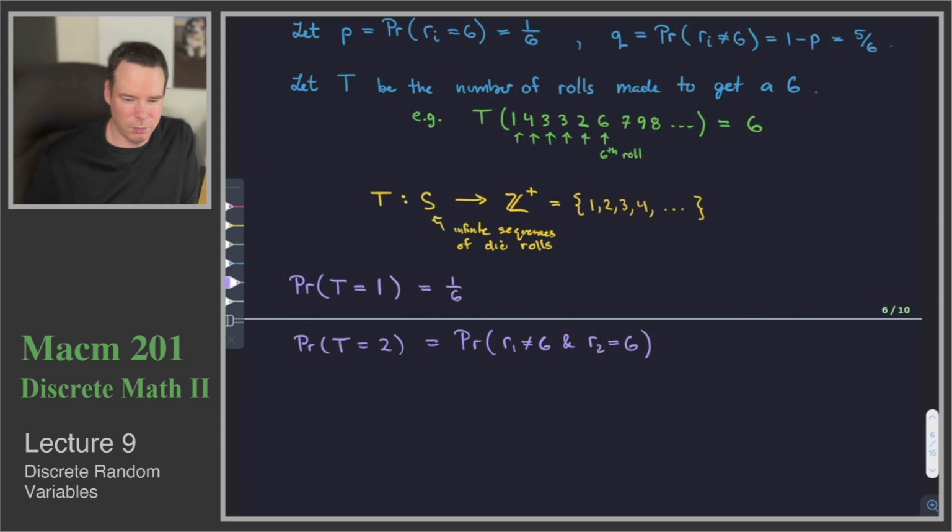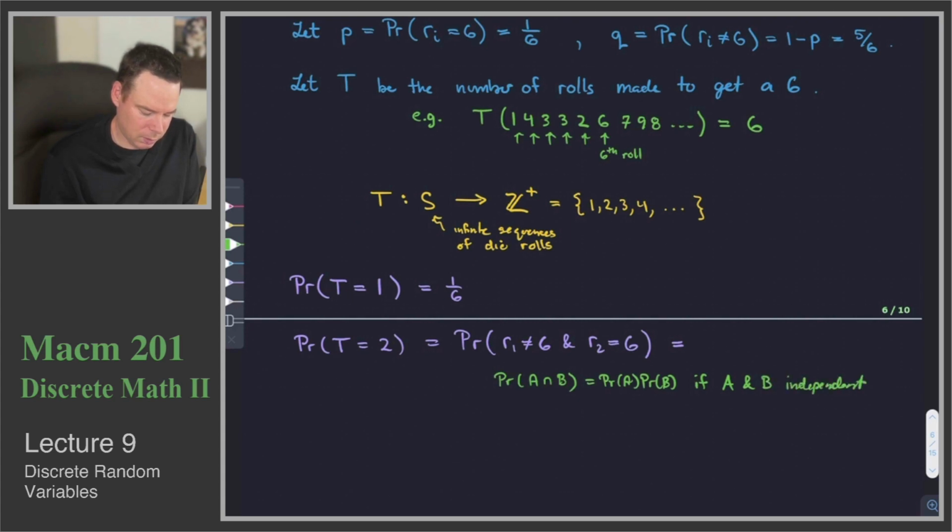So we want the value on the first roll of the die to be not 6, and the value on the second one to be 6. Now this is an AND. We'll make a note here: we are really looking at the probability of A and B, the intersection, and that is the probability of A times the probability of B if A and B are independent.